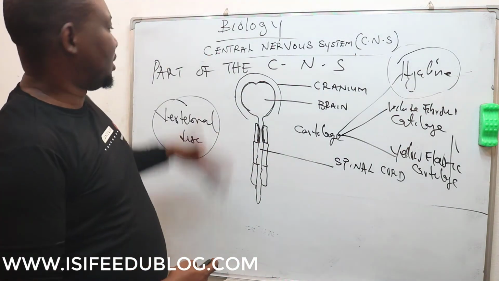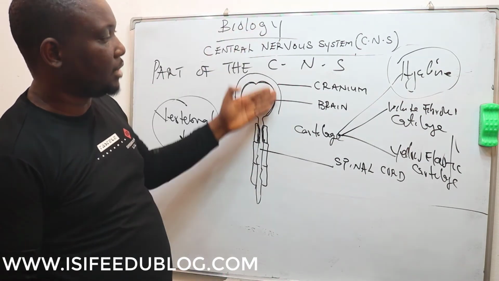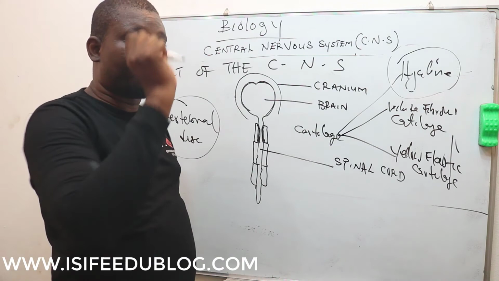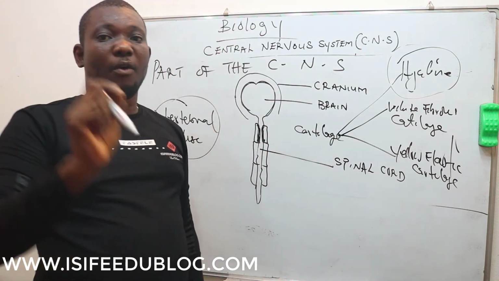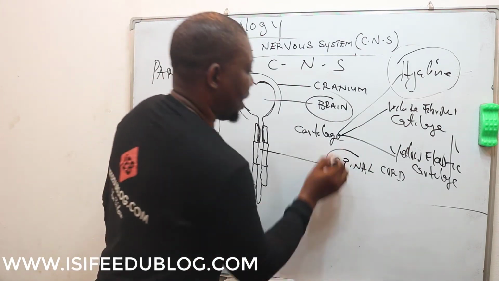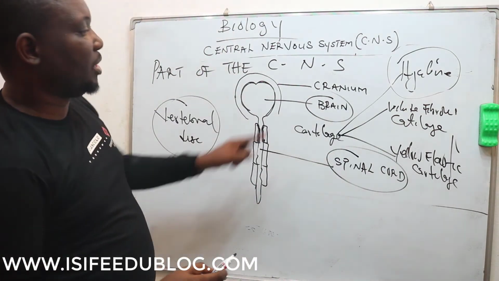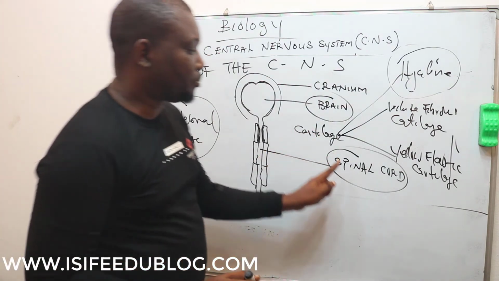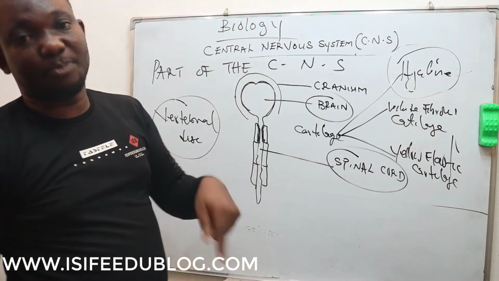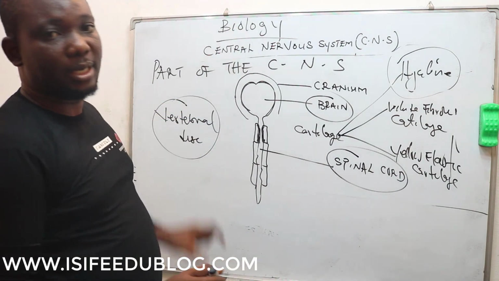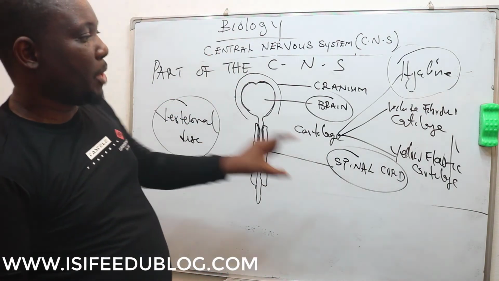So basically, the central nervous system comprises two broad important parts: the brain and the spinal cord. The brain is protected by the cranium. What protects the spinal cord is the vertebral column. Each vertebral column comprises a vertebral disc, and the vertebral disc is made up of cartilage.